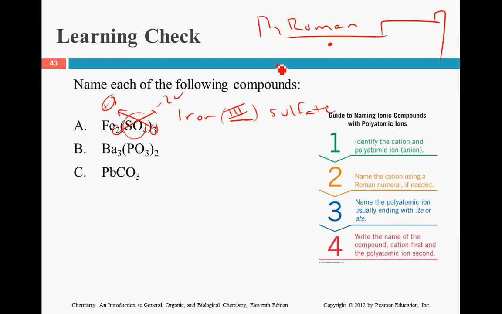Ba is down here. It's in the tall row that has a +2 charge. So that means I do not have to worry about the Roman numerals this time. Notice every single time I do this, I check to see where the metal is on the periodic table. You have to do that because that tells you whether or not you need a Roman numeral. So I don't need a Roman numeral on this one, but I need to know what PO3 is.